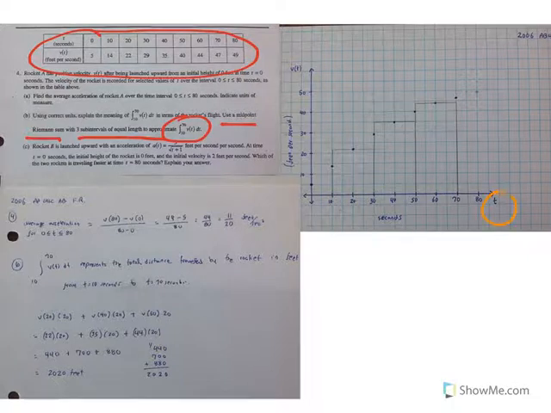So first of all, we have our time axis and we have our velocity axis. The time is measured in seconds and the velocity is measured in feet per second.